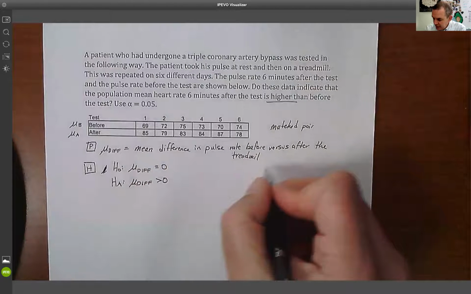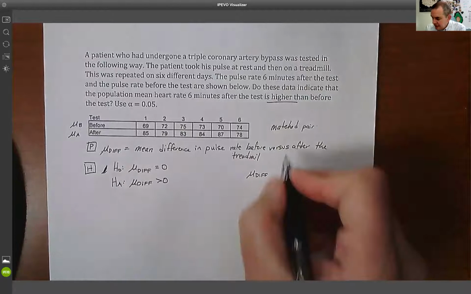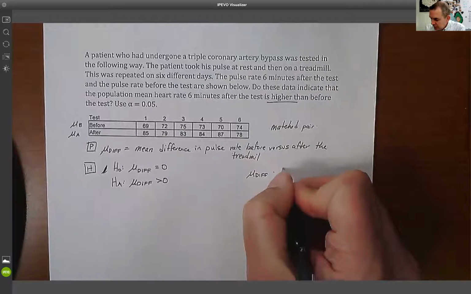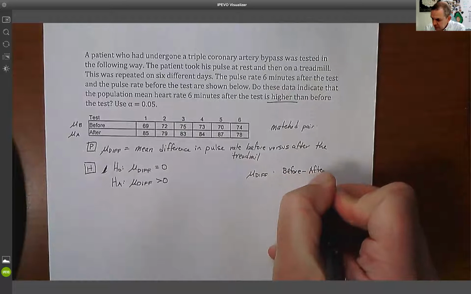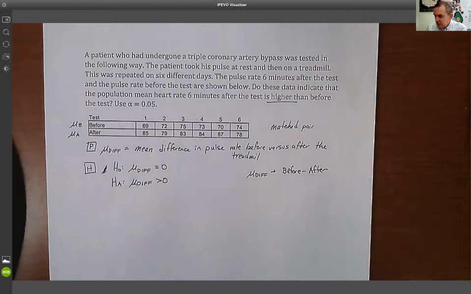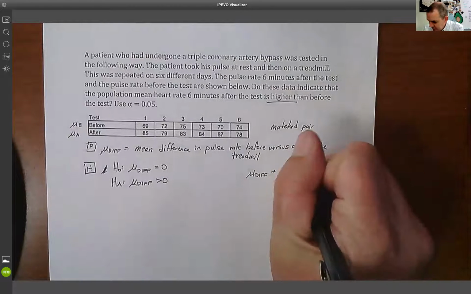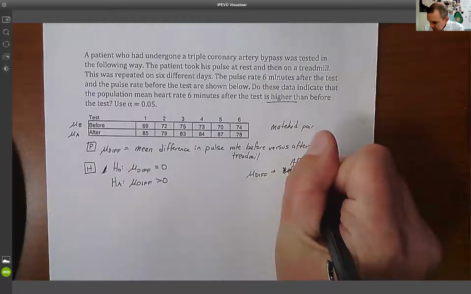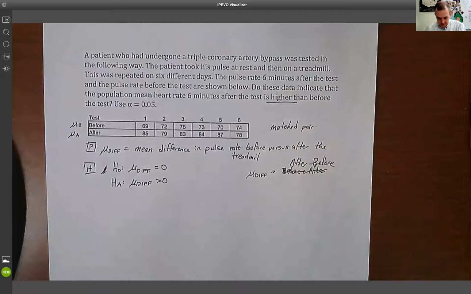And if we really want to think about it, what we're talking about, the mean difference, is when we do before minus after. So in this case, what we want to do is, I'm sorry, take that back. If we want to see it's higher, we do after minus before. My mistake, it's after minus before.